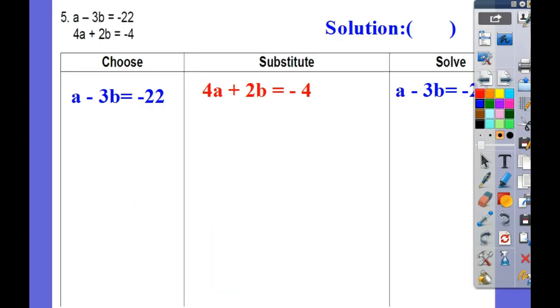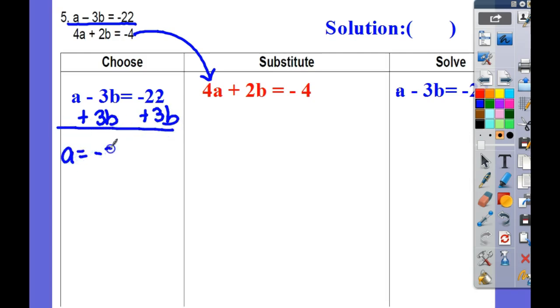In problem number 5, I chose this one to start with, and I'm going to solve it for a. I chose that one because a does not have a coefficient in front of it. And so I put that one in my first column and my last column, and this other one that I haven't used yet is going to go in the middle column. I'm solving for a because a is easiest to solve for.